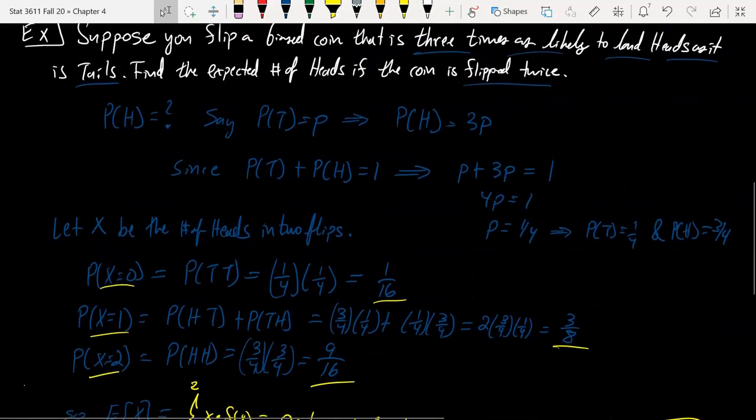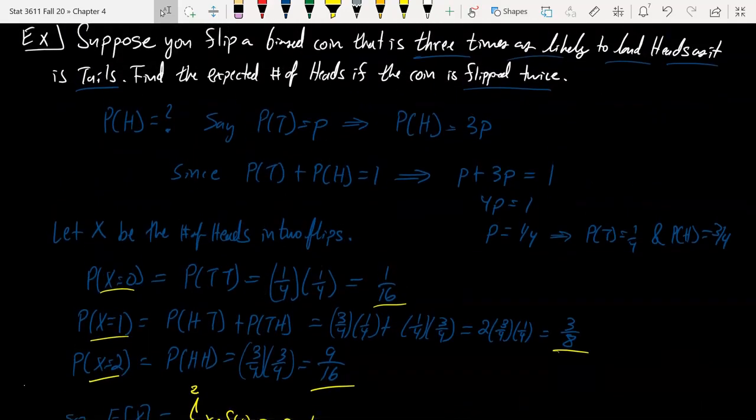Now, also, I would say in this case, once we found this probability, the answer is really intuitive. You flip a coin twice. What's the expected number of heads you get? Well, let me ask you this.